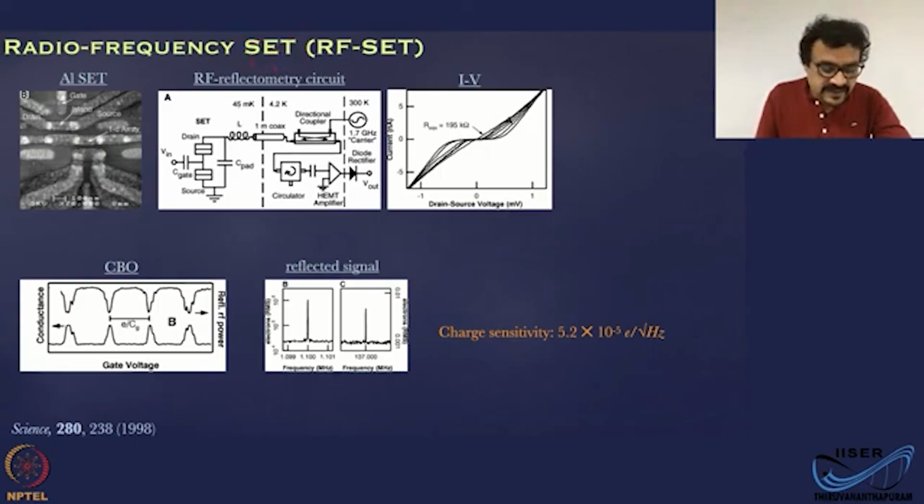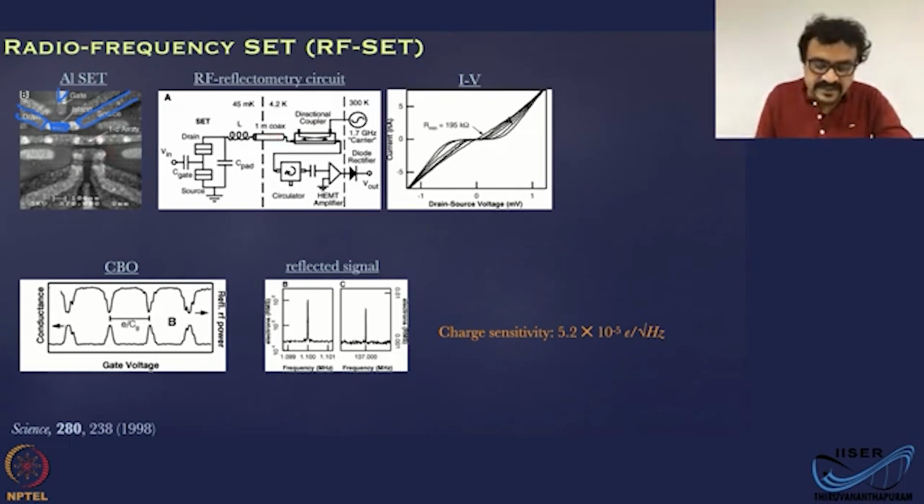So what we have here is a single electron transistor, shown here. This is a small island formed by shadow evaporation technique, and this is a source electrode, and you have a drain electrode, and there's a gate also. And there is some other circuitry here which we are not going to discuss.